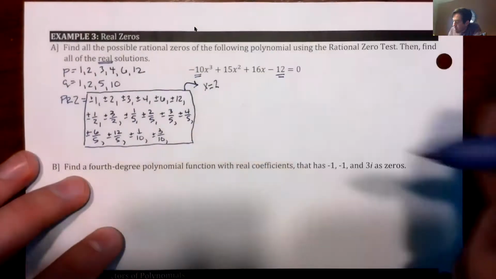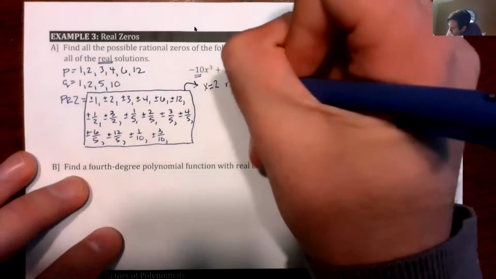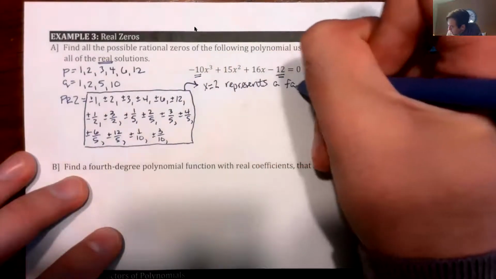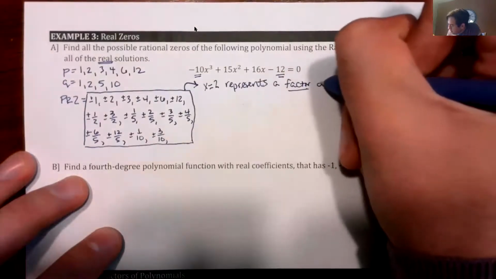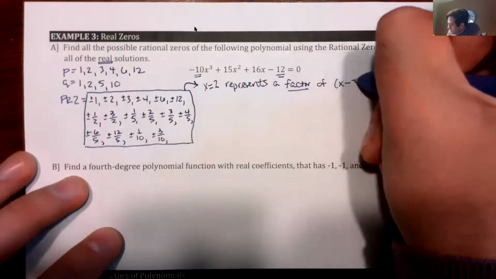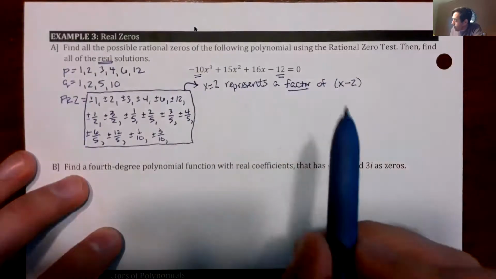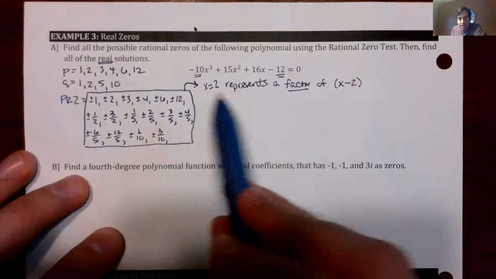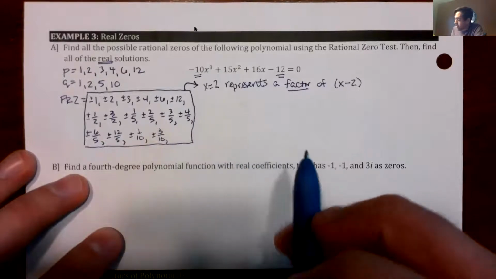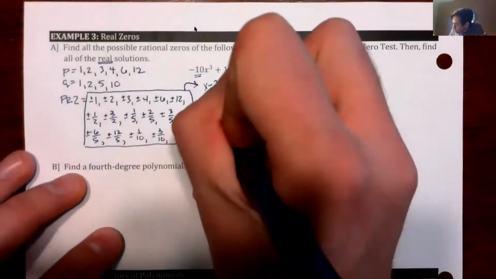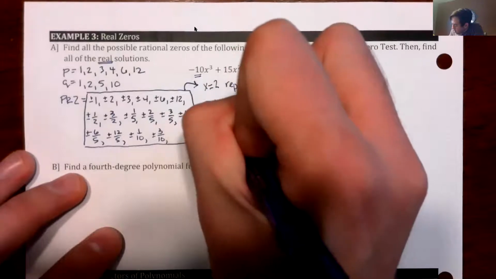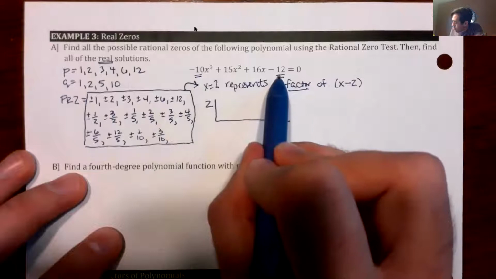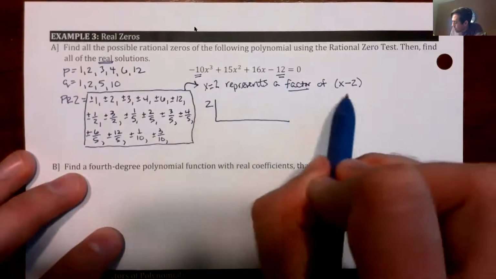So remember, x minus 2 represents a factor, right? Because if I set x minus 2 equal to 0 and solve for x, I would get x equals 2. So what that means is that we should be able to use synthetic division with this original polynomial to pull out the x minus 2 factor.